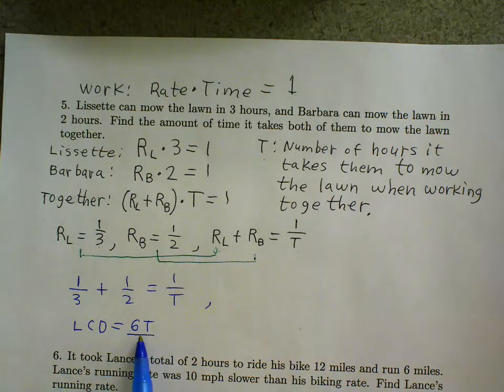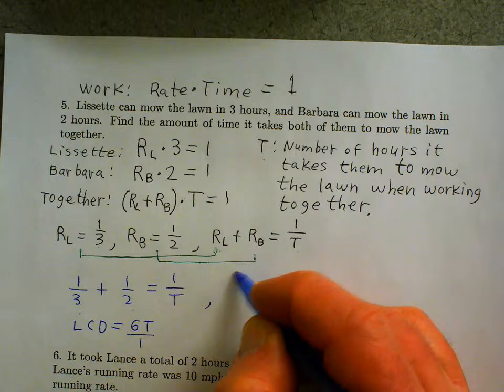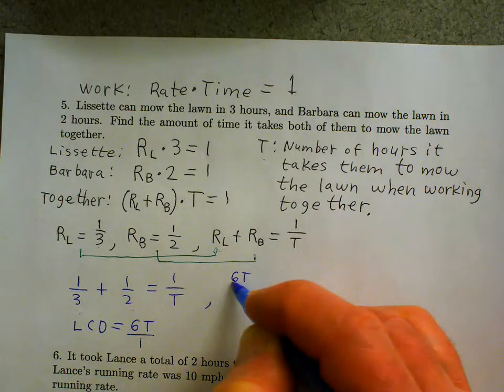Then we multiply the least common denominator by every term on both sides of the equation. That will clear the denominators for us. So multiply every term on both sides by 6T/1.